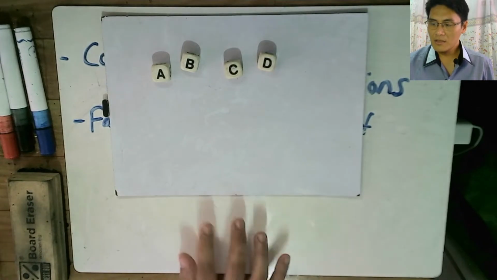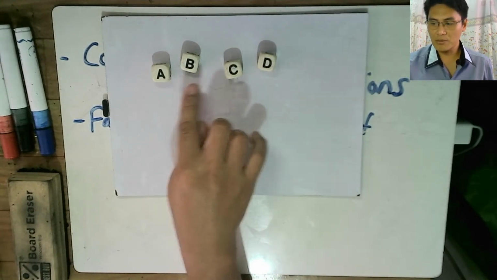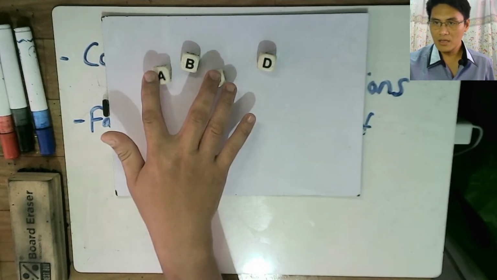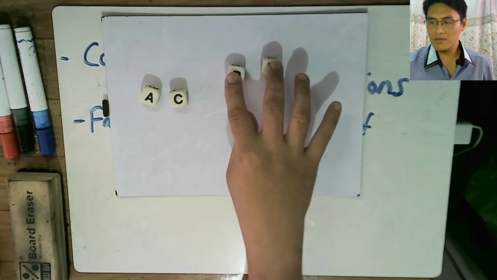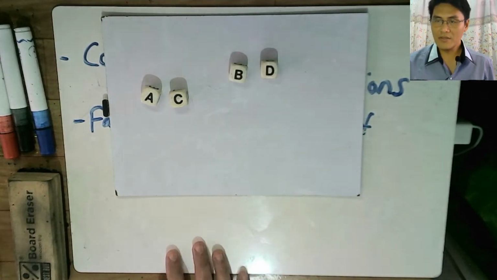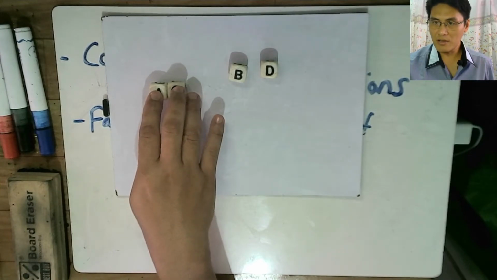After that, they need to be rearranged into new configurations. So instead of A bonded with B, now A will be paired with C, and B will be paired with D. And then more importantly, the third act is they must form new bonds between that new pairing.